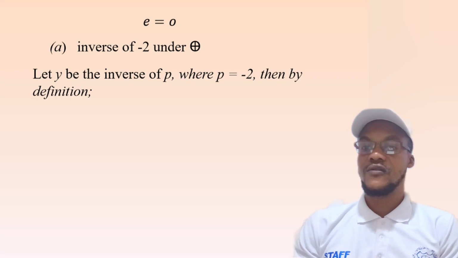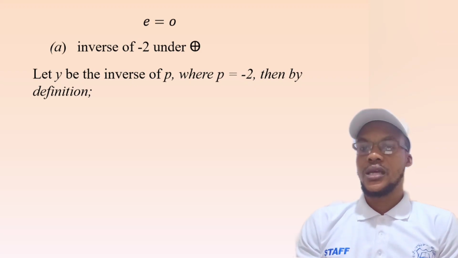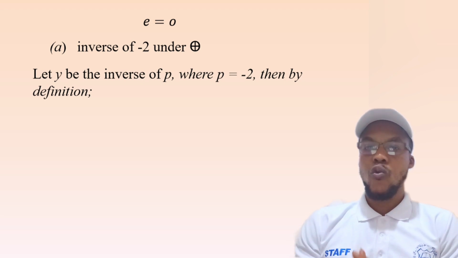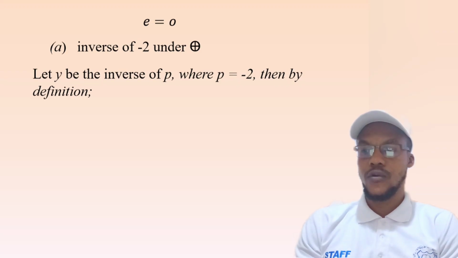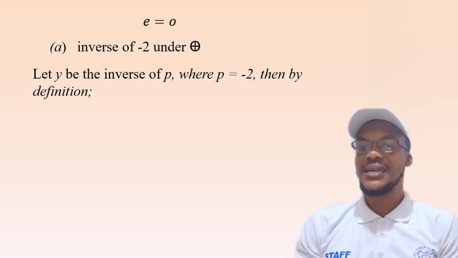So when you're asked to find the inverse of -2, it means that we are going to find the inverse of what? Either P or Q. Okay, but in this case, we are substituting y for what? P, and y for Q. Sorry. So we are substituting y for Q and keep what? P.